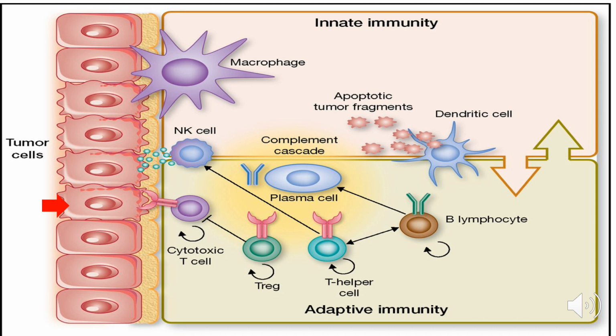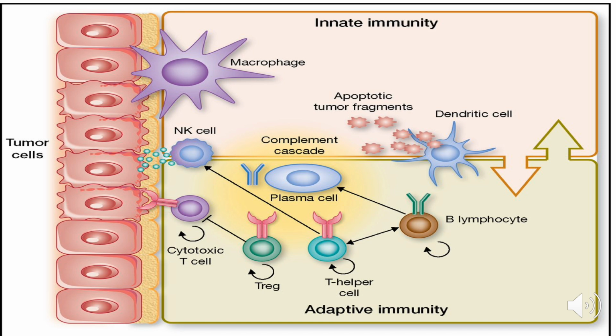So I want you to take a look at the natural killer cells and the cytotoxic T cells. Do you know what they are doing in the body? They check every cell in the body, and they check if these cells have any changes in their antigenicity.